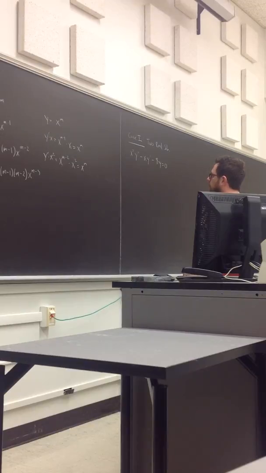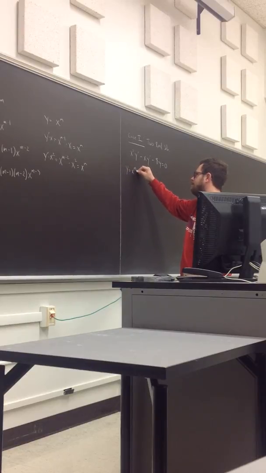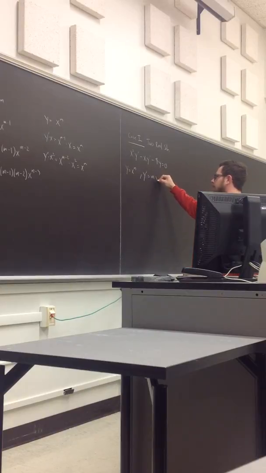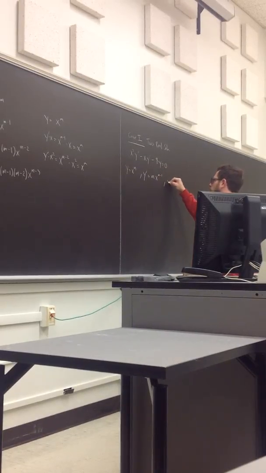Let's see what the resulting auxiliary equation is with this trial solution. So always pick y equals x to the m. Then y prime is m x to the m minus 1, y double prime is m times m minus 1 times x to the m minus 2.